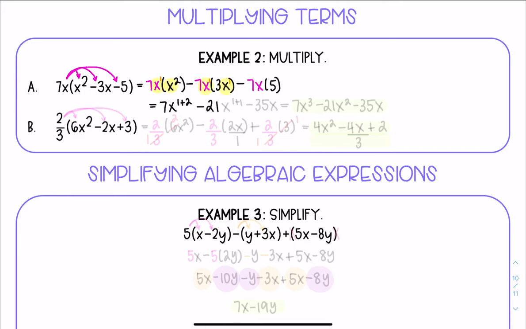And we have the same base again, so we're just going to add the exponents. So we have 1 plus 1. And the last term, 7 times 5 is going to give me 35. And then we just have x. And so we just need to simplify a little bit here. We've got 7x cubed minus 21x squared minus 35x.